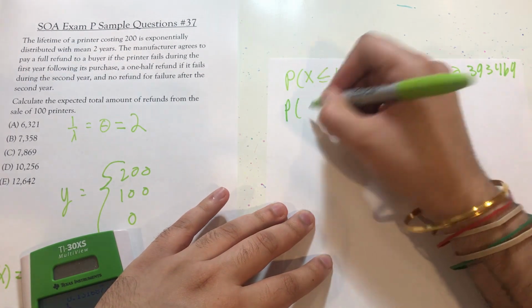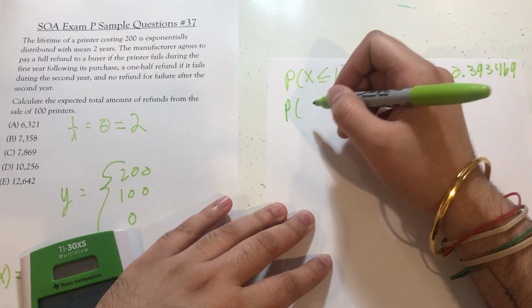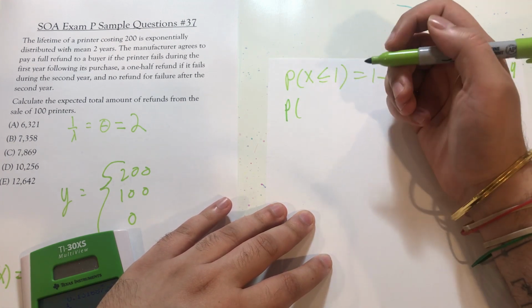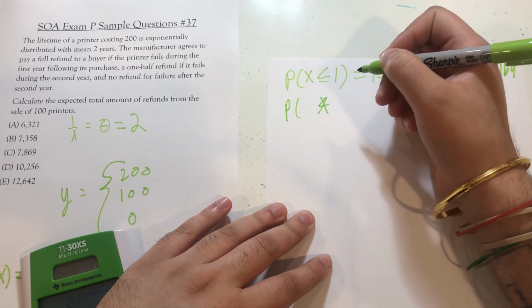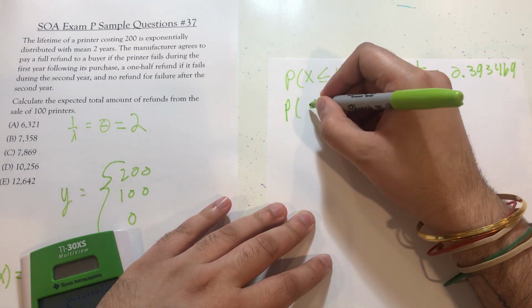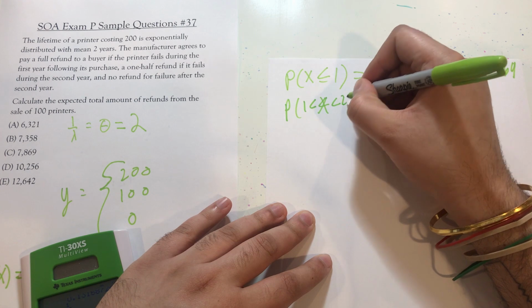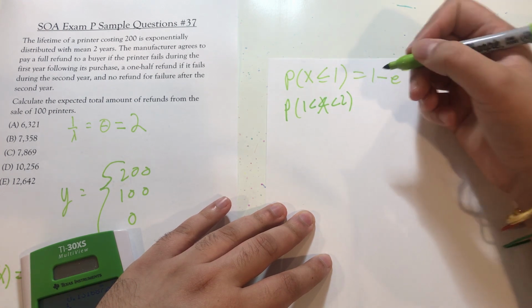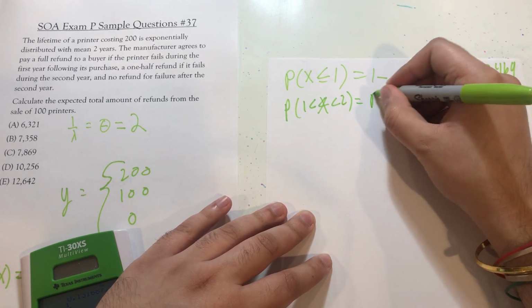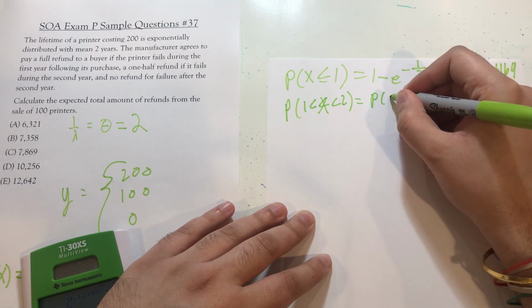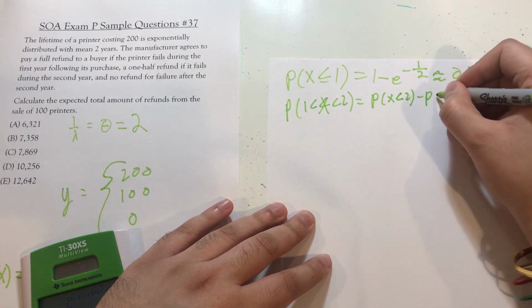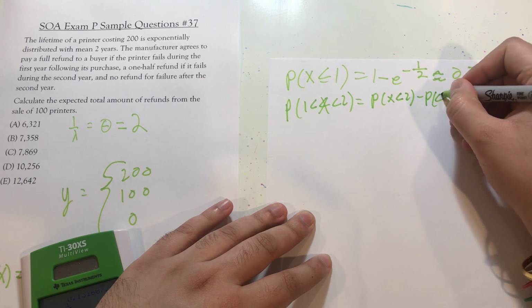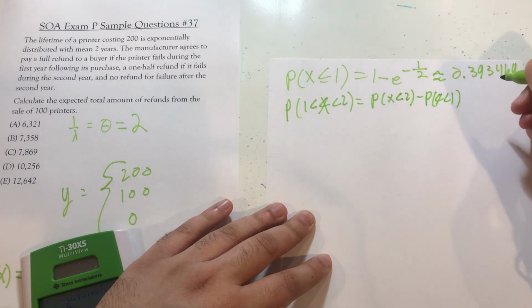Now, what about the probability of getting a partial refund? That would be the probability of it breaking within 1 to 2 years, which is the same as the probability of breaking in less than 2 years minus the probability of breaking in less than 1 year.